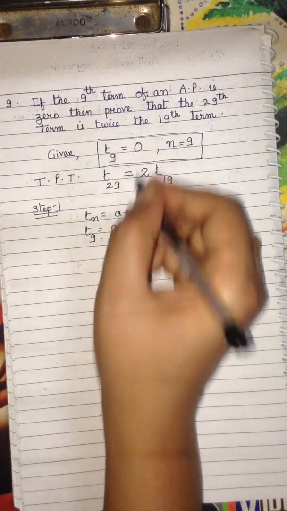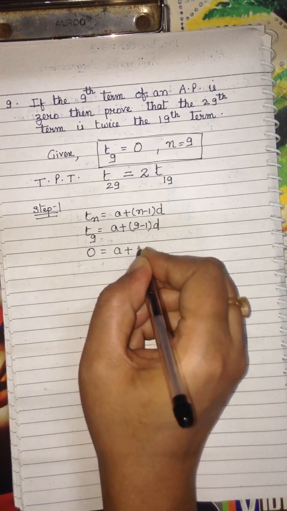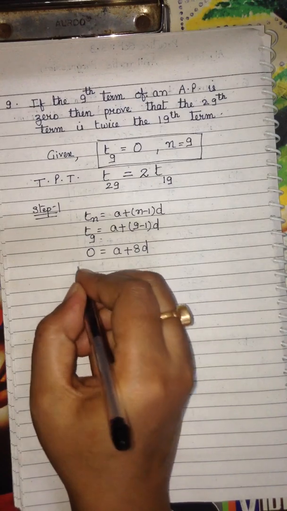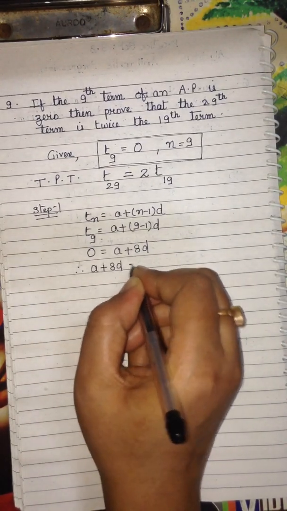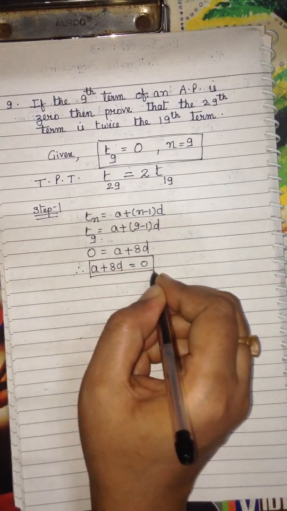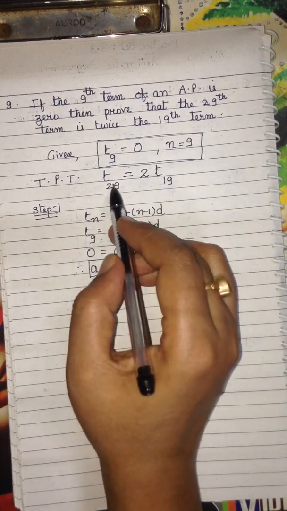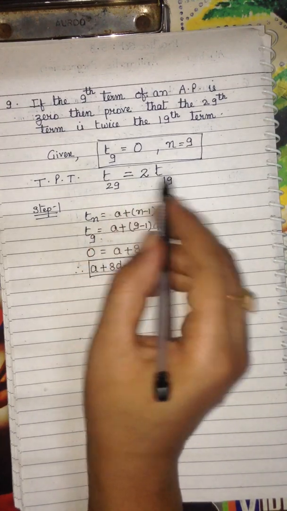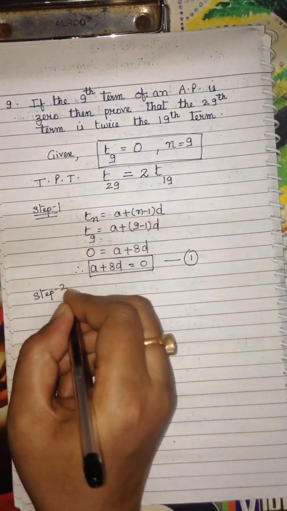The T9 value is already given to us as 0, so it gives a plus 8d. Rearranging, a plus 8d is equal to 0. This is the first thing, keep it with you, children, for further use. Now to prove that T19 and T29 are related, let us take both one by one and see how they are going to help us.